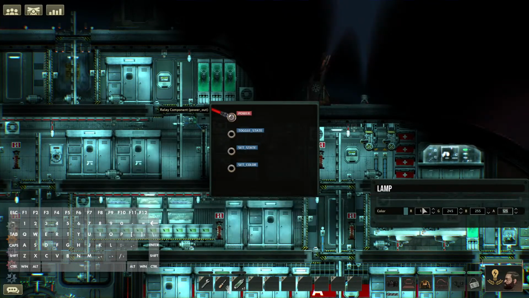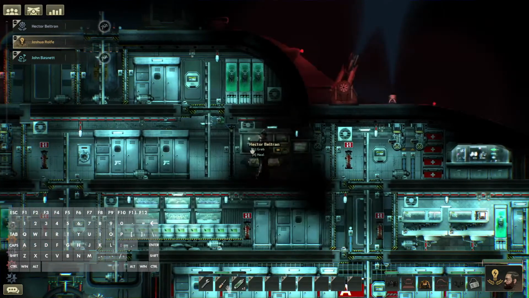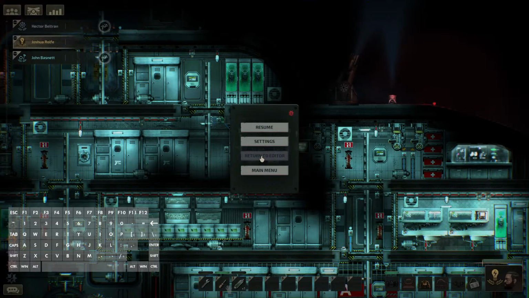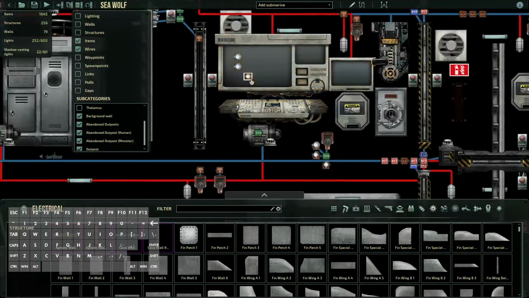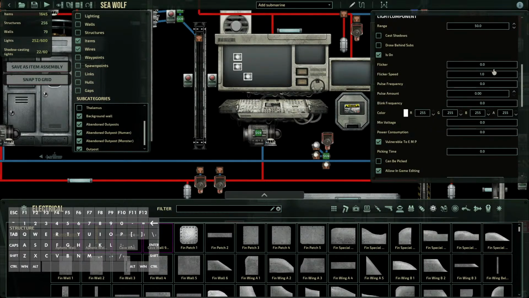Try to make it dark in this room so I can see what's going on. They're blinking. Why are they blinking? What did I change? Must have changed something, guys. Have a flicker speed. We don't want the flicker speed.